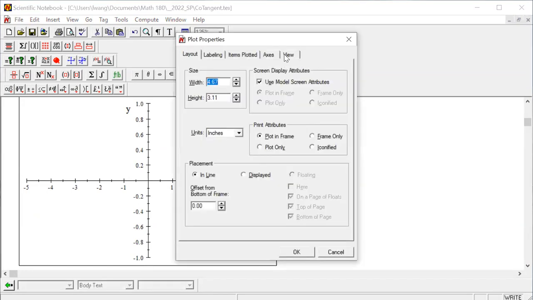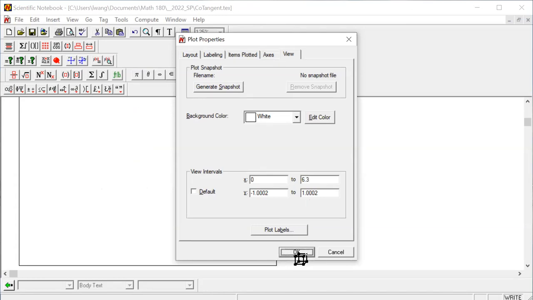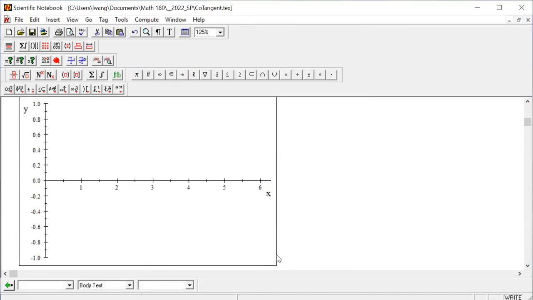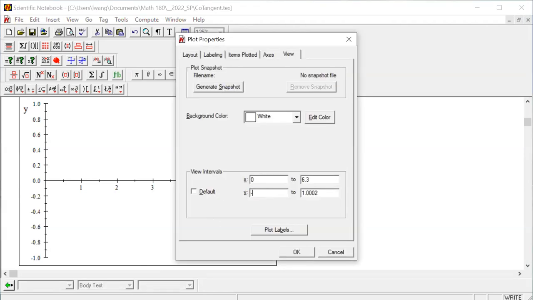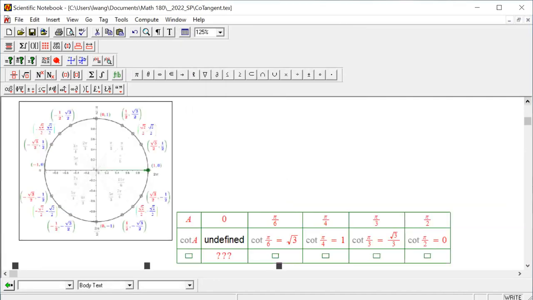So I'm just going to make some adjustment from 0 to 2 pi, approximately. And in the y direction, maybe I can make it -5 to 5, with the ratio being calculated. We have input, output, so this corresponds to a point.